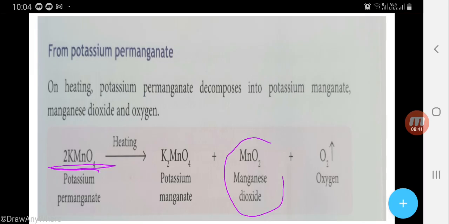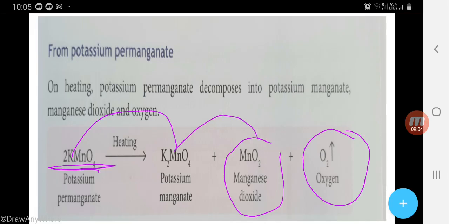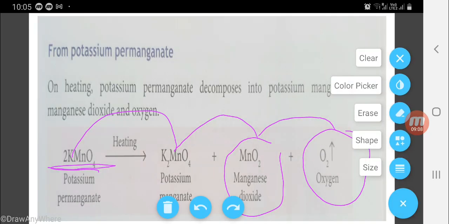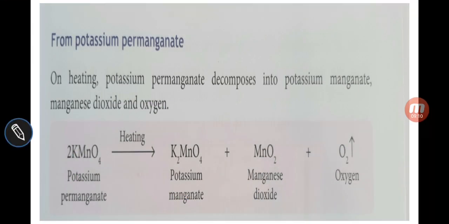MnO2, manganese dioxide, along with the oxygen. So in this case you can get oxygen by heating potassium permanganate, and on heating potassium permanganate will be decomposed into potassium manganate, manganese dioxide and oxygen. So in this way you can prepare oxygen.